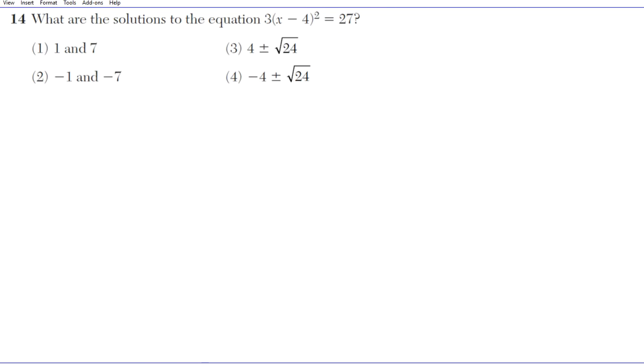All right, so something to keep in mind, or a quick reminder. This is concerning solving equations, okay? Solving quadratic equations.